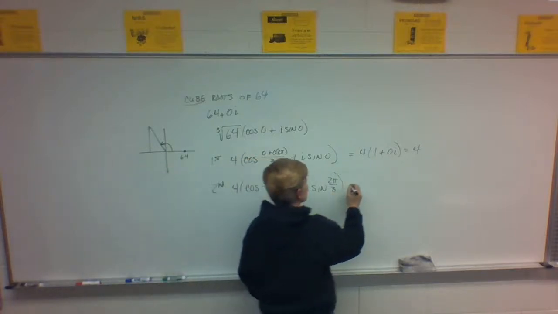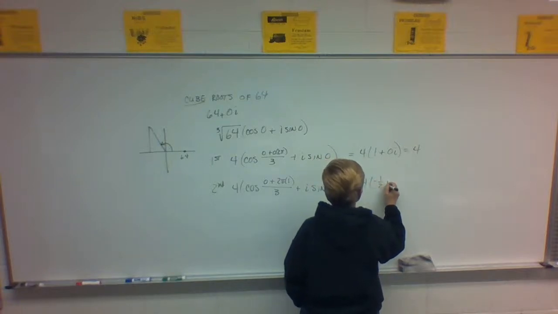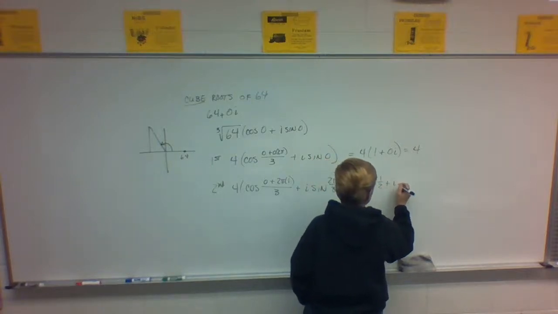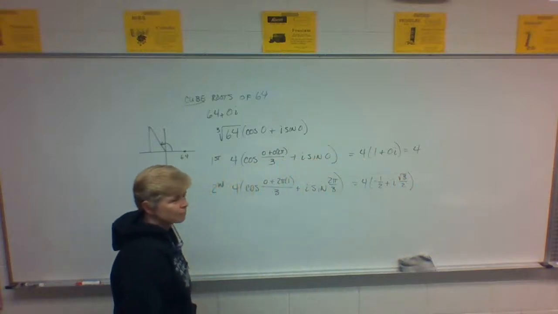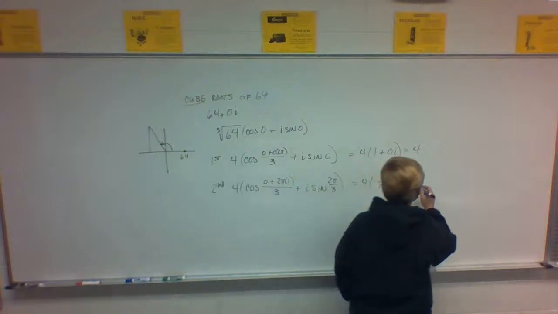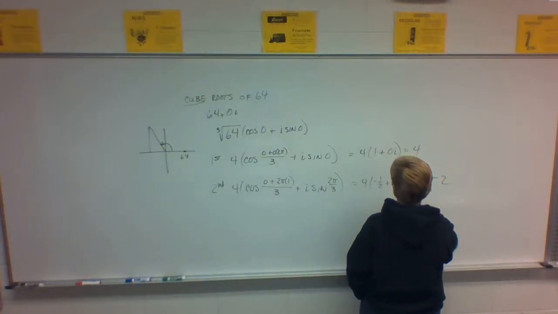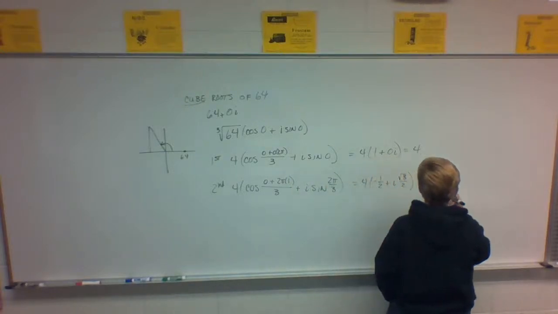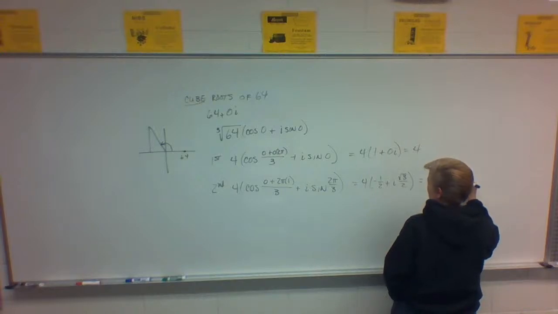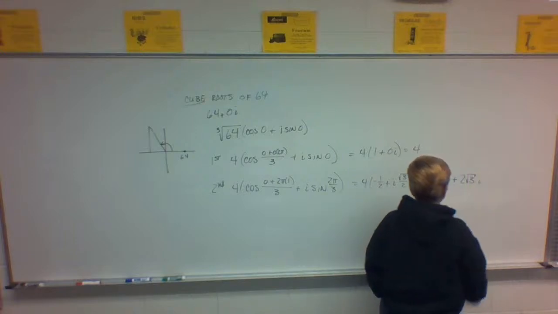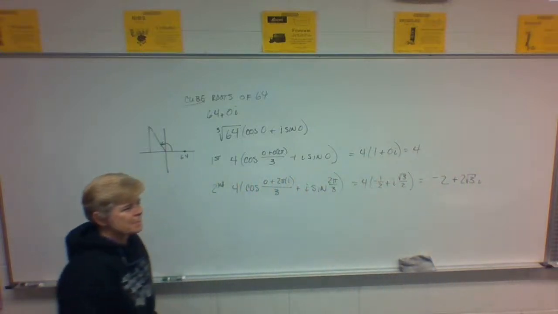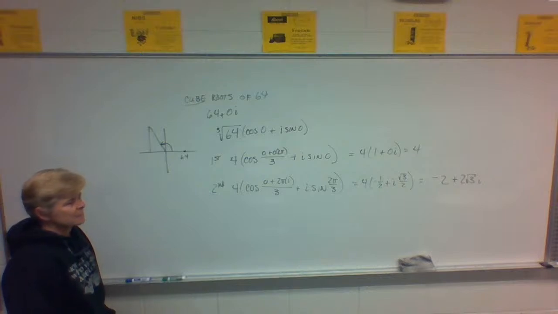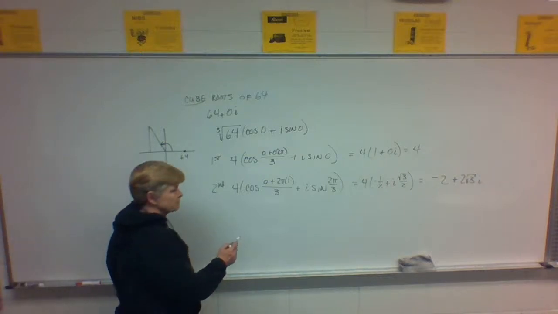It's equal to 4 times negative 1/2 plus, what's the sine? Square root of 3/2, isn't it? So the next root is negative 2, because 4 times 1/2 is 2, plus, well, the 2 will cancel with the 4, so it's 2 root 3i. Okay, ready to move on?